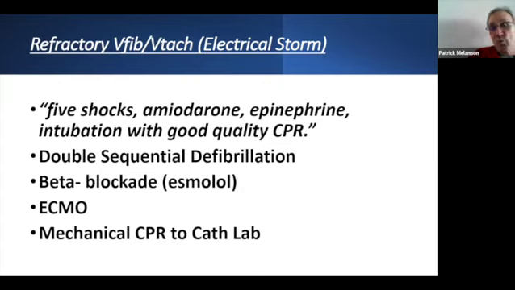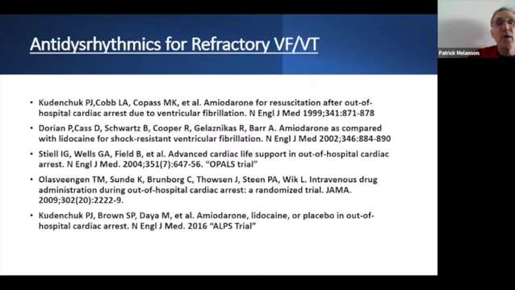If the patient was a witnessed arrest, has the usual indications and doesn't have any contraindications, certainly at the MUHC, a code ECMO should be called. The last option would just be leaving him on the Lucas device and proceeding directly to the cath lab with chest compressions ongoing mechanically.